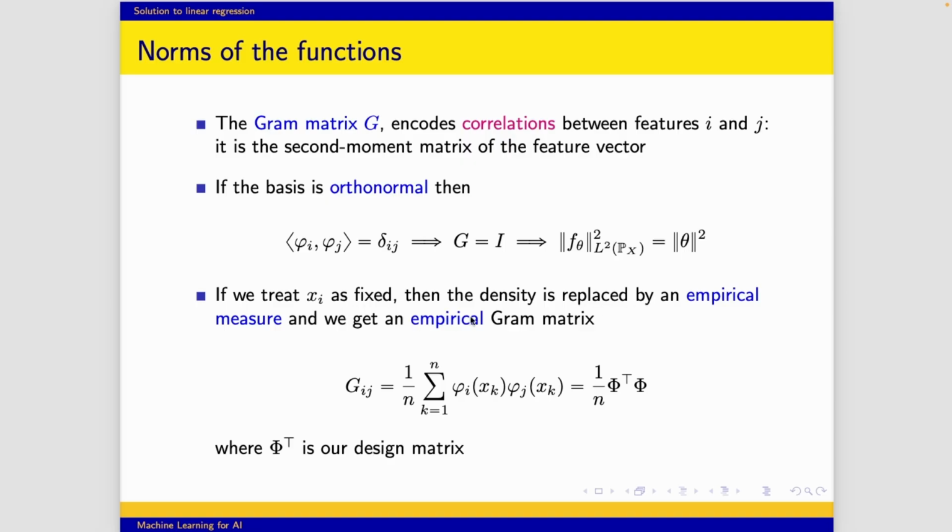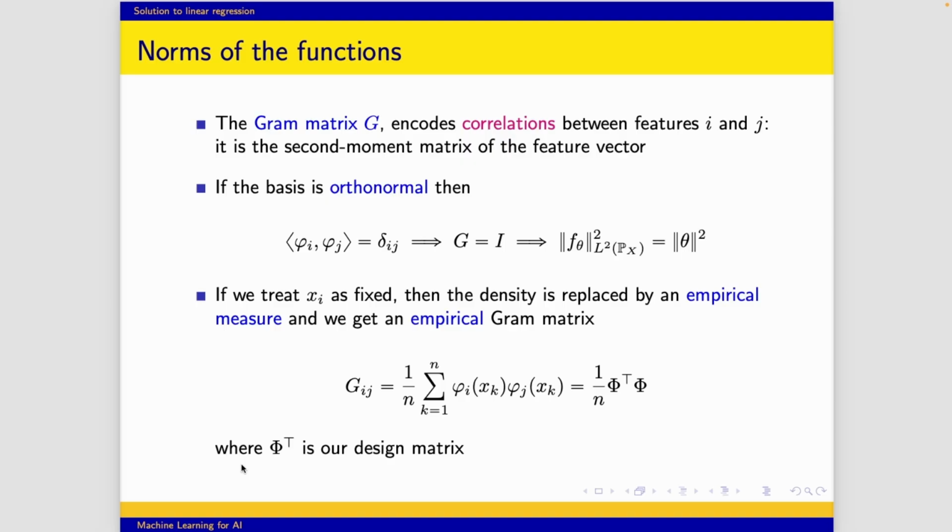So if we treat the xi as fixed, so now we're not considering them as random, then we can replace the density with what is called an empirical measure, which I'm not going to define, and we get an empirical Gram matrix. So this is an empirical version of the integral that I wrote down on the previous slide. Empirical meaning based on observed data. And what is this? It is 1 over n phi transpose phi, where phi is our design matrix.